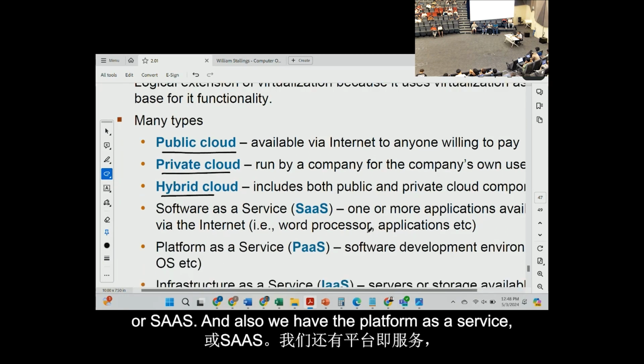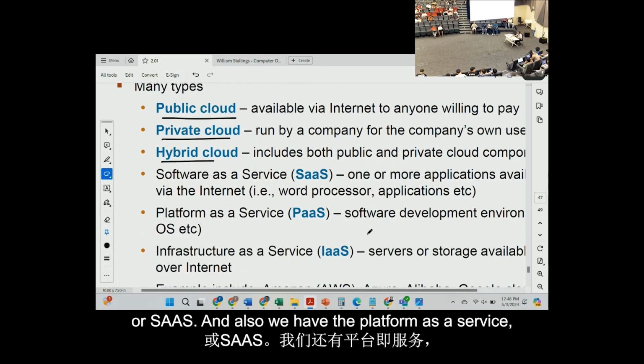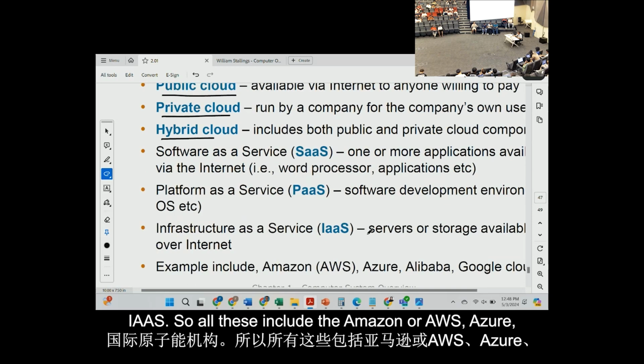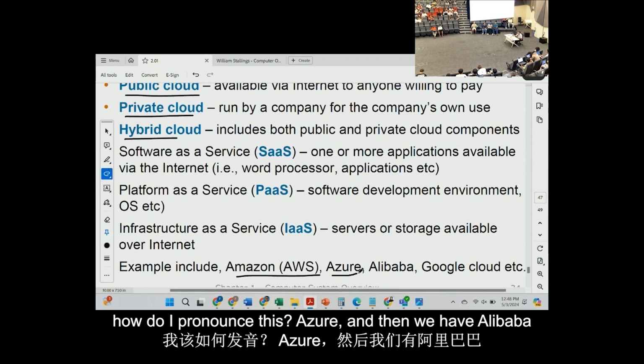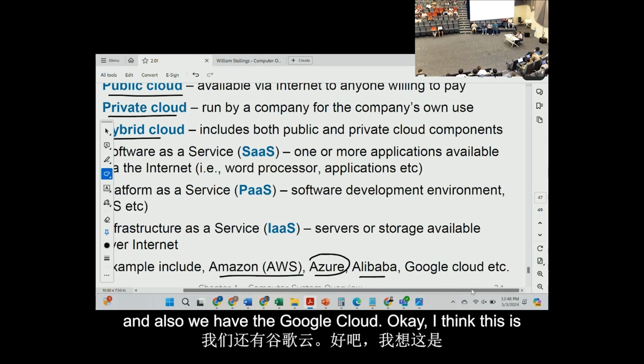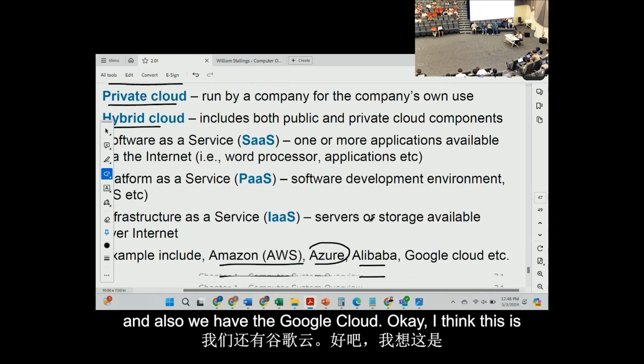And also we have platform as a service, and IaaS. All these include Amazon AWS, Azure, and then we have Alibaba, and also Google Cloud.